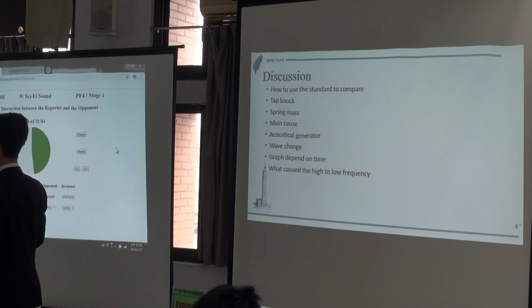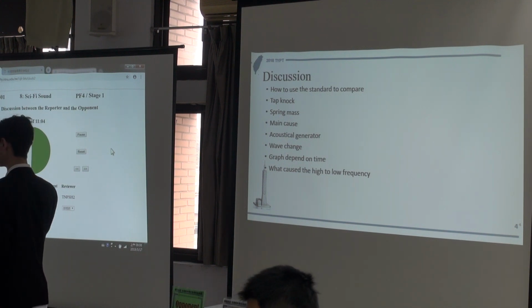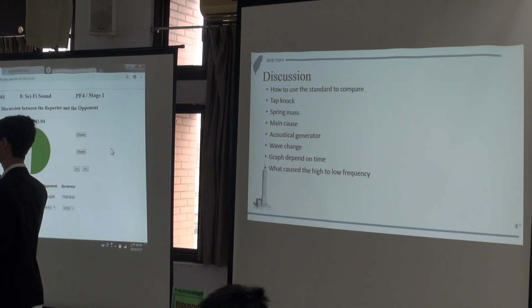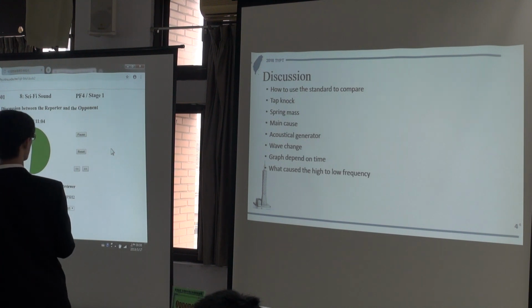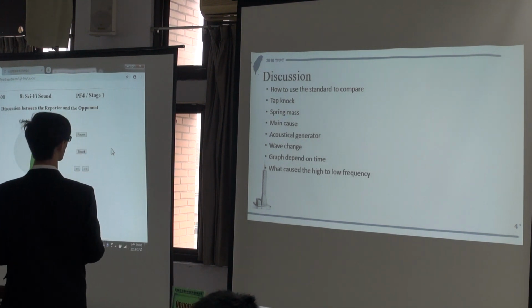But in your experiment, you said that the sound is high to low frequency. I just want to show the curve really turns high frequency into low frequency, and that they sound similar. So this is high frequency and into the low frequency. Okay, so you said they sound similar. So how do you know they sound similar? You just think so. Okay, so they really change from high to low.